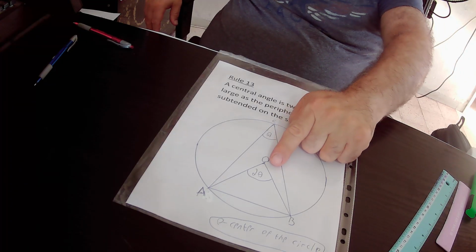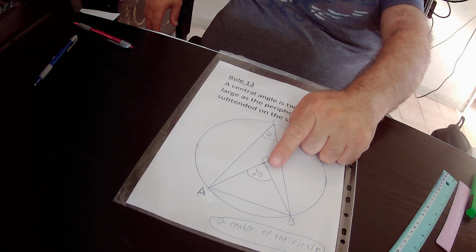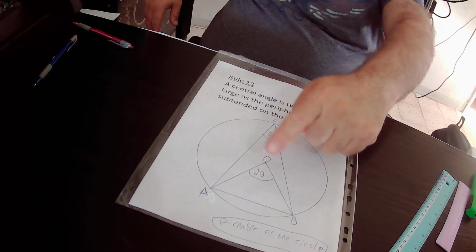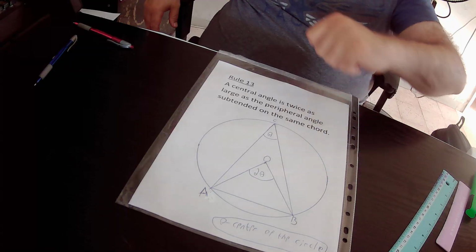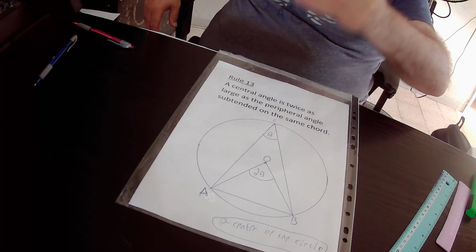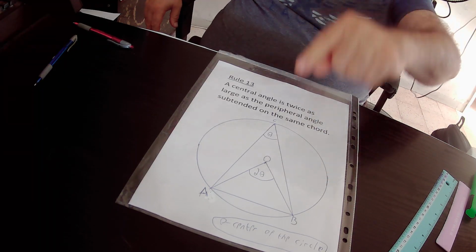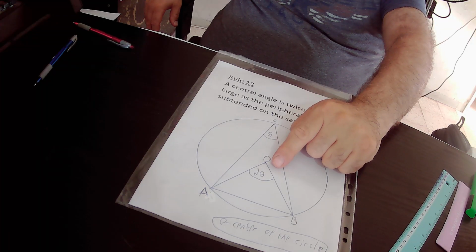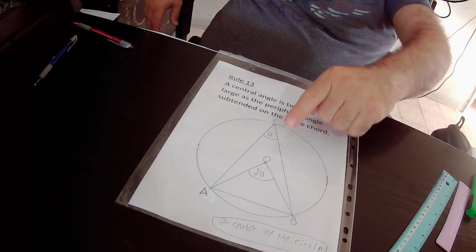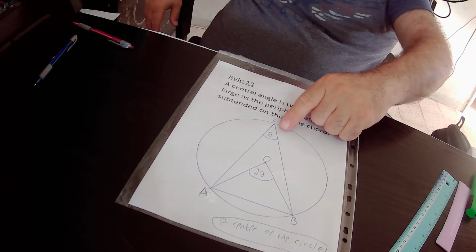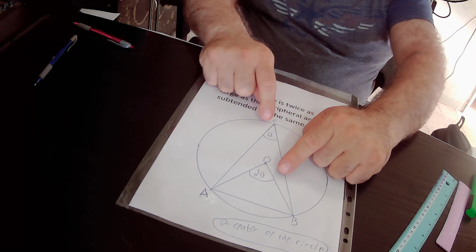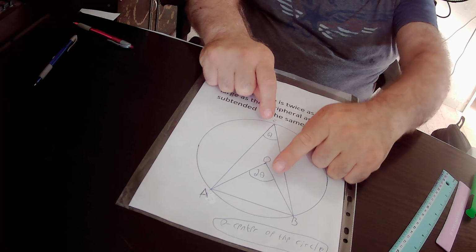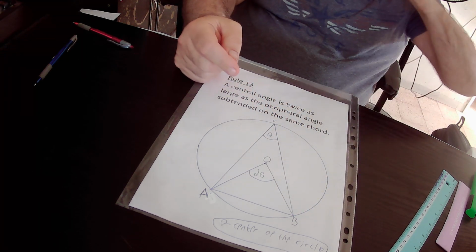This is central angle AOB, and this central angle AOB is also subtended on the same chord called AB. And therefore, according to this rule 13, the size of this central angle must be twice as large as the size of this peripheral angle, because both of them are subtended on the same chord called AB.